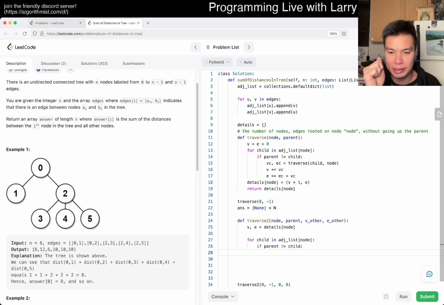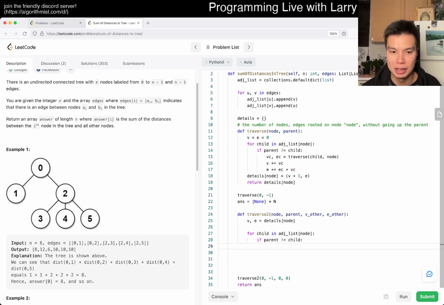I like to break it down step by step, and so now I'm still thinking of the root node first. So basically, what I want to do here is, what am I doing? We're not doing the recursion yet.